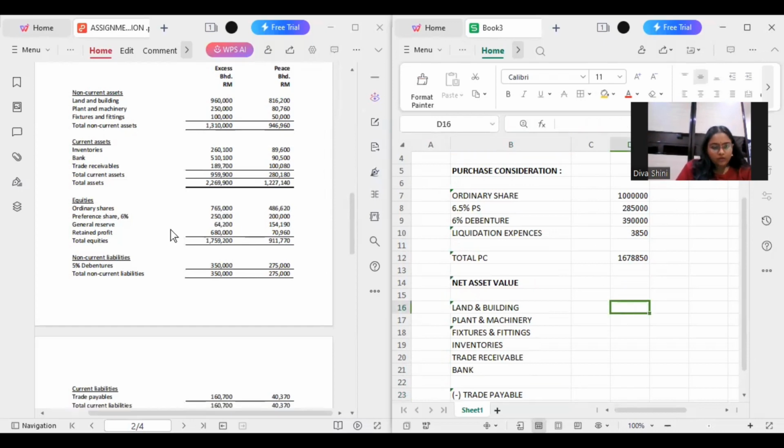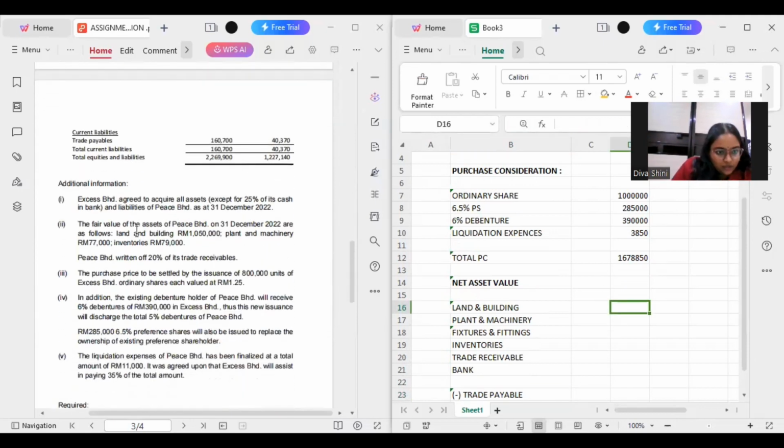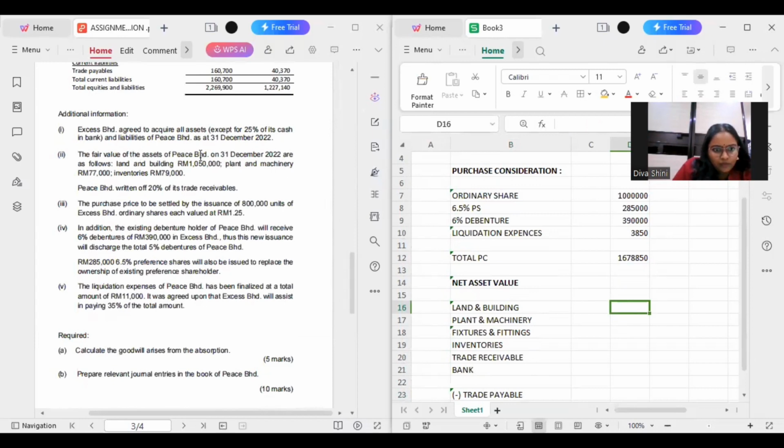For these amounts also we need to take from the additional information. The fair value of land and building is 1,550,000.